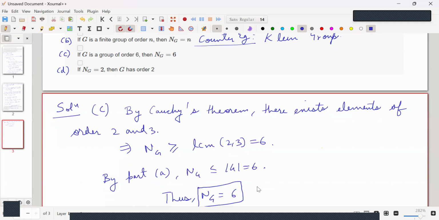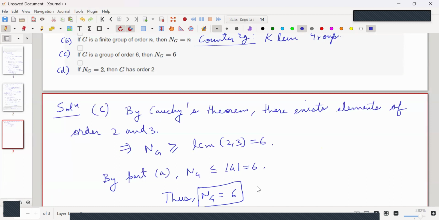And for these kinds of groups, till order 11, you can easily remember what the groups are. Order 2 and order 3 are cyclic, so there is just one possibility. They are prime. For order 4, there are two possibilities: either it is cyclic of order 4 or Z2 cross Z2, that is the Klein group. There is no other possibility.